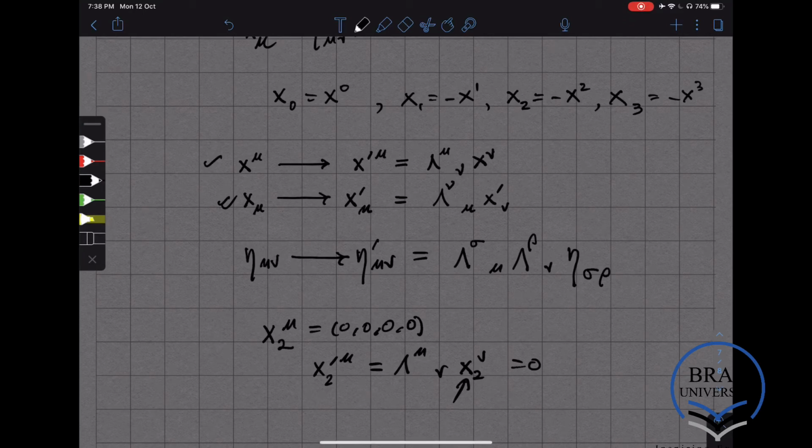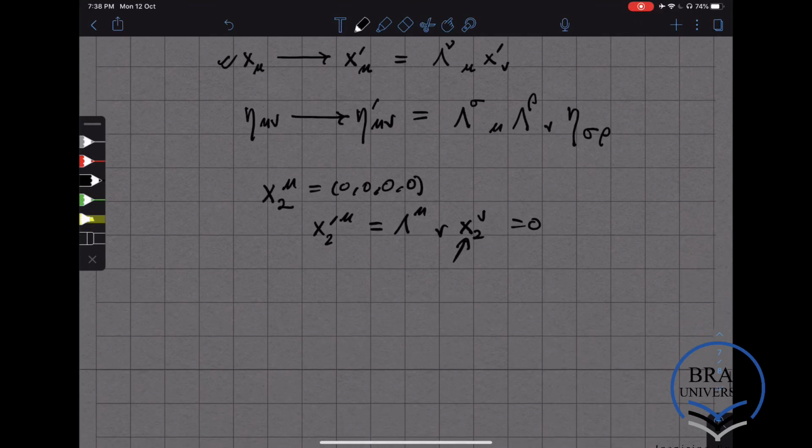So something that transforms in a tensorial way, if it's 0 in one reference frame, it's 0 in any other reference frame. Okay, so what are we trying to say here?